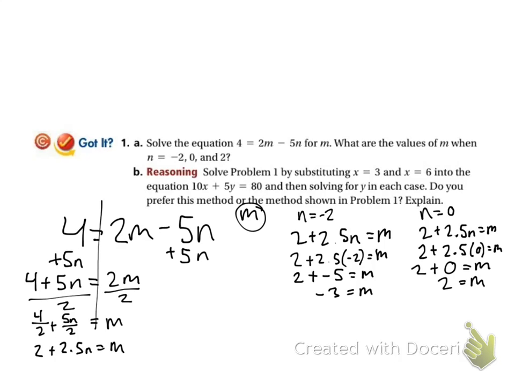And then finally I'll plug in n equals 2. 2 plus 2.5 times 2 equals m. 2.5 times 2 is 5, so 2 plus 5. So I get m equals 7.